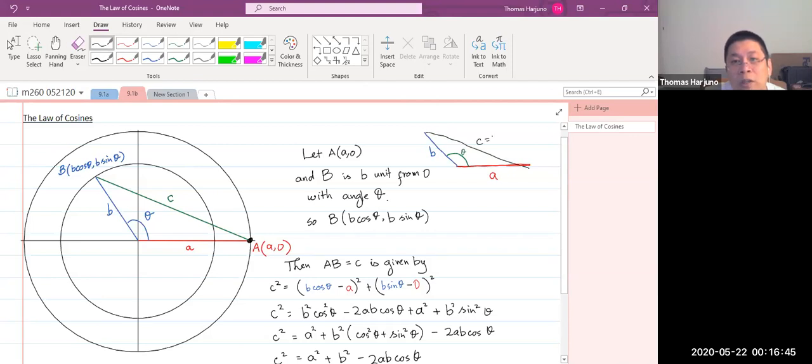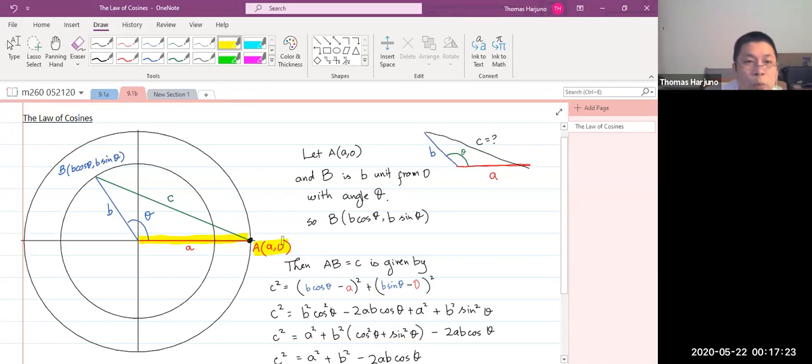Now, I think that's the way our textbook proves it, though I don't remember precisely. It may be different. Anyway, this is how I prove it. I impose sides A and B on a coordinate system. Let's say I put side A at angle 0 degrees, so the coordinate here will be A comma 0.